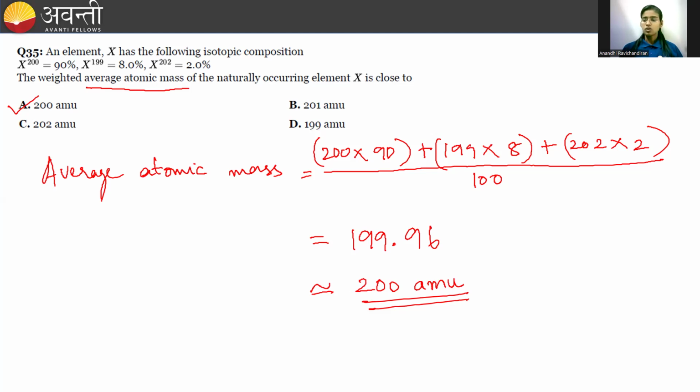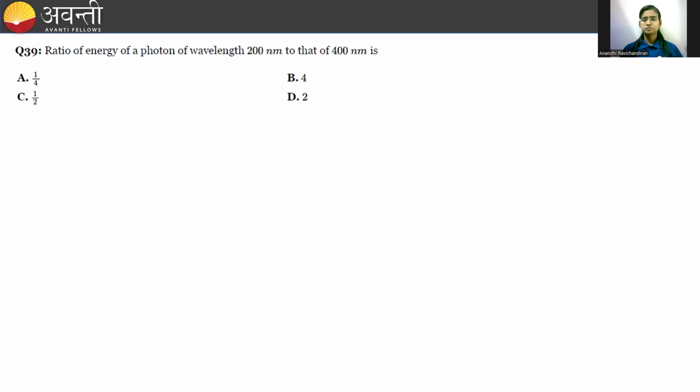Okay. Now coming to the next question. The ratio of energy of a photon of wavelength 200 nanometer to that of 400 nanometer is. So we are provided with two lambda values.